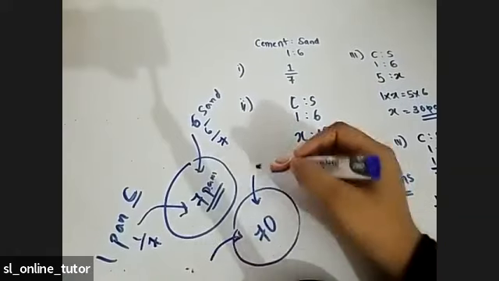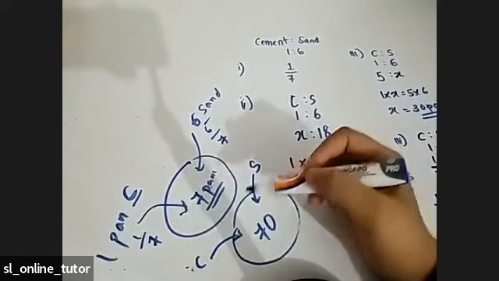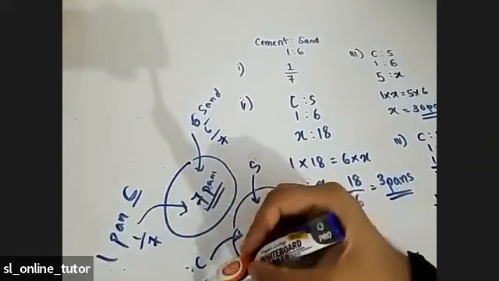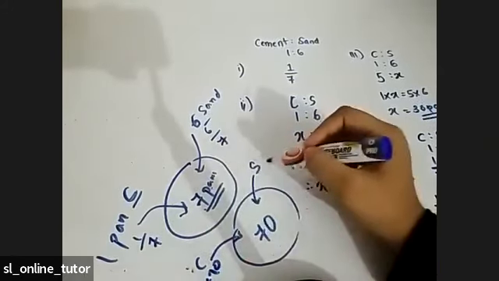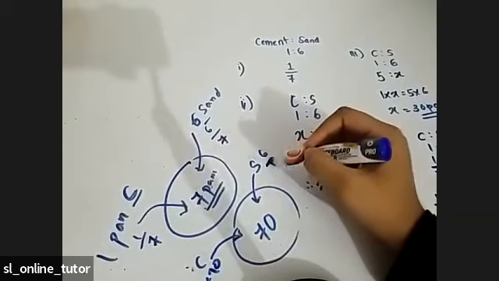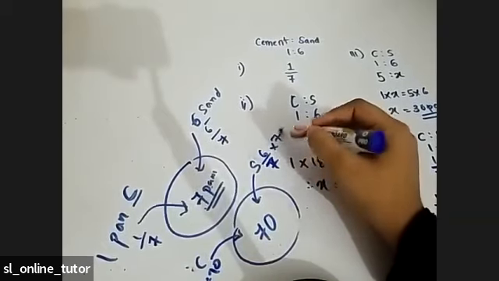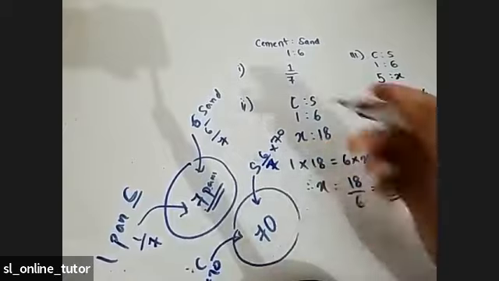How many pans of cement can you put? What should we do? For 7, 1 means for 70 how many? For 7, 6 means for 70 how many? We check those two. Can you understand? Yeah, Miss, now understood.